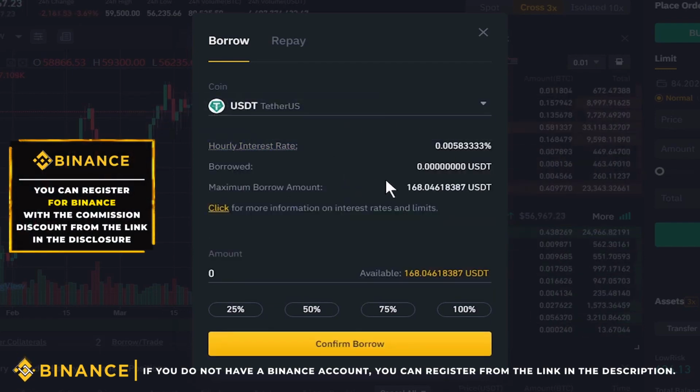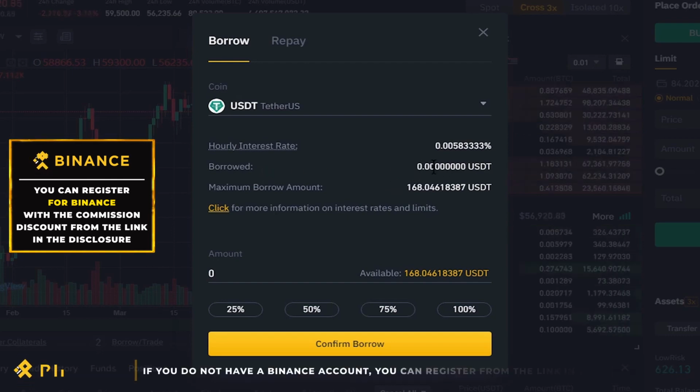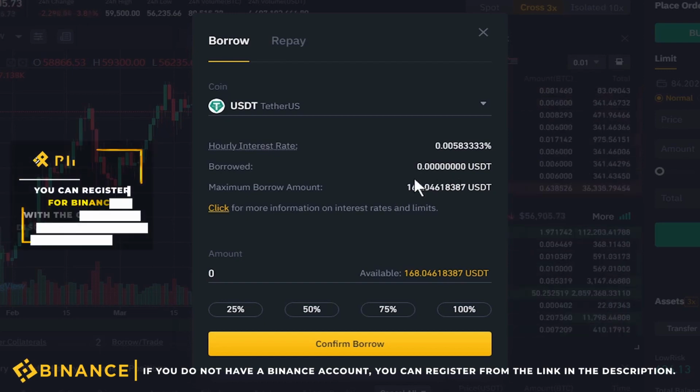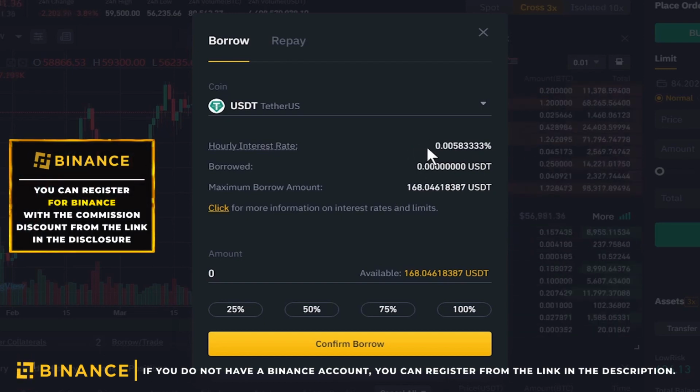Pay attention to this part. Here it shows that we haven't borrowed any USDT yet. And here it shows the maximum amount that we can borrow is 168 USDT. So we can use our initial fund, the 84 USDTs as collateral to borrow 168 USDTs. And here it shows hourly interest rate, which is 0.0058, as you can see.